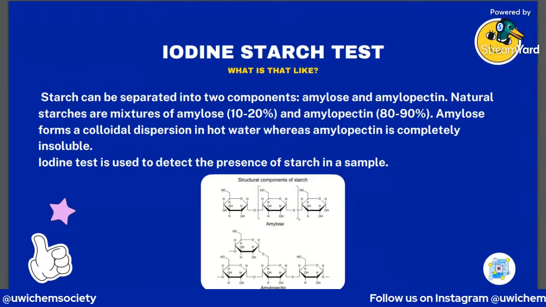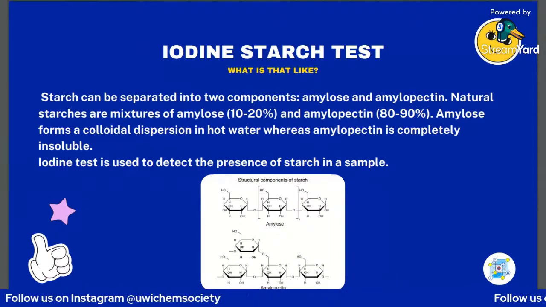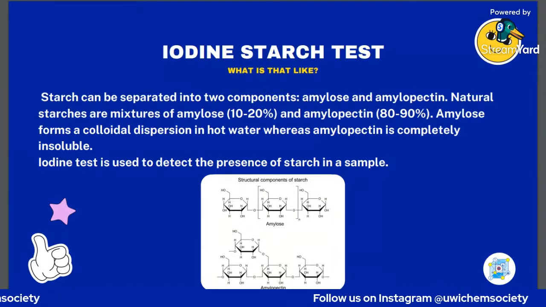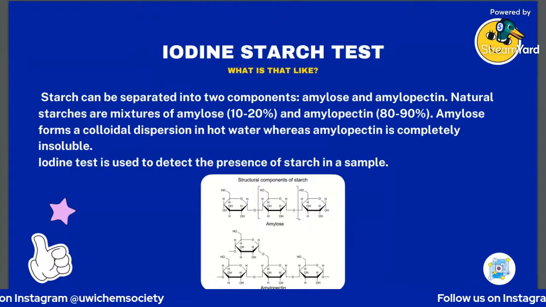The amylose concentration is 10 to 20%, and the amylopectin is 80 to 90%. So most of starch is actually amylopectin.